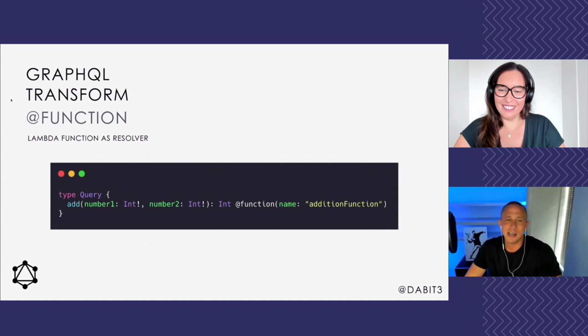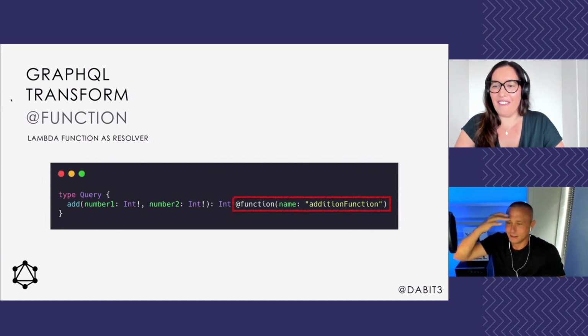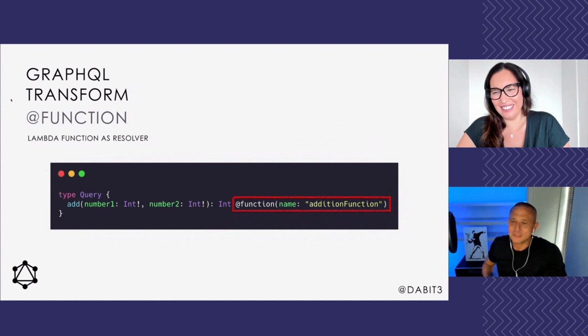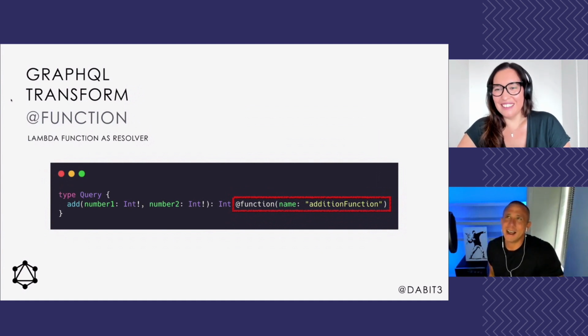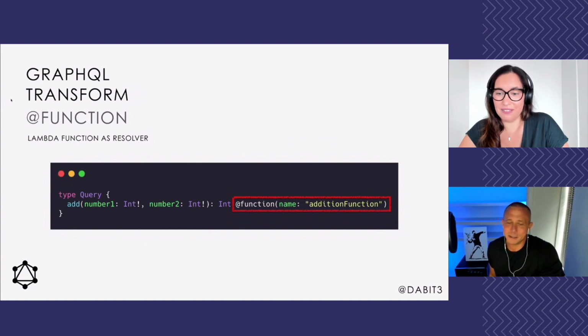It allows you to set up a Lambda function as a resolver, which is the ultimate resolver, because you can do anything in a Lambda function. But I think DynamoDB and AppSync are so powerful that in general I'm just happy with that. Yeah, but there's all kinds of stuff you might do, like interacting with a third-party API, or if you want to write JavaScript, you could do it this way.